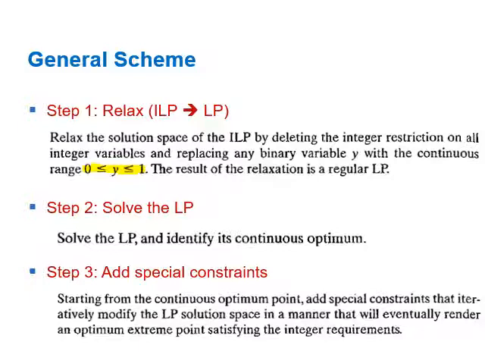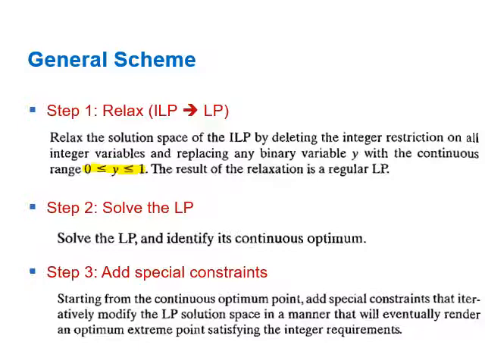The second step is to solve the LP relaxation. Since it is an LP, we can use the simplex algorithm to solve it, and we find an optimum solution. And depending on the solution value, in the third step, we make a decision either to fathom or cut that branch or to continue with that branch.